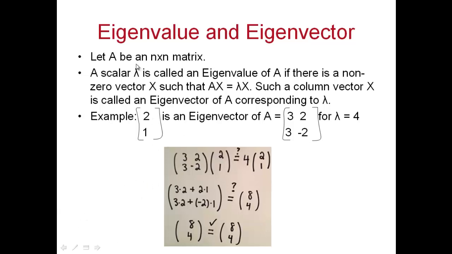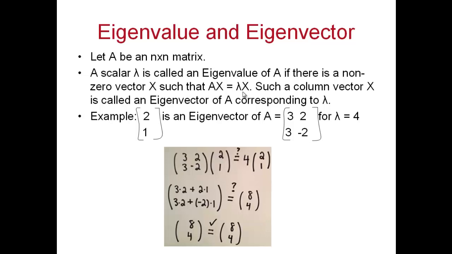Alright, so if you consider a square matrix, like this 2 by 2 matrix. If A is a square matrix of dimension n, an n by n matrix, and we can find a scalar value, scalar means some real number, and we can call it the eigenvalue of this matrix A if we can find a non-zero column vector x such that Ax equals lambda x.